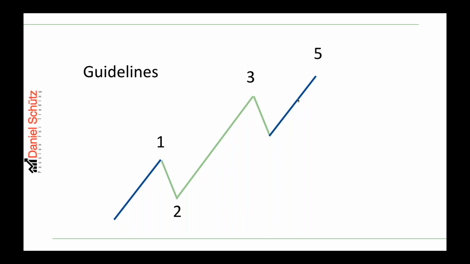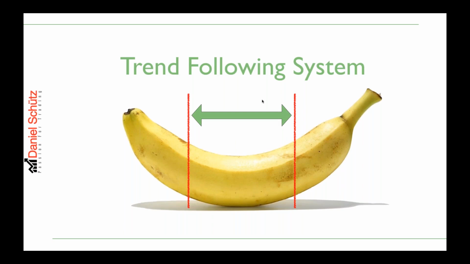I need wave number 2 to get security on my decision, or to be safe on what I'm thinking. So wave 1 I can't trade. Wave 5 is too choppy and too risky for me to trade. And so the only impulse wave I can concentrate on is wave number 3. And that's the same as I told you in the last webinar.